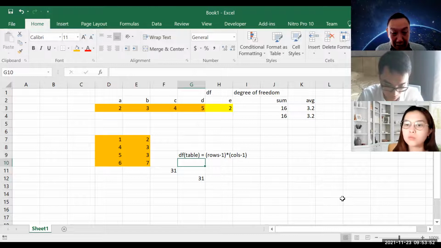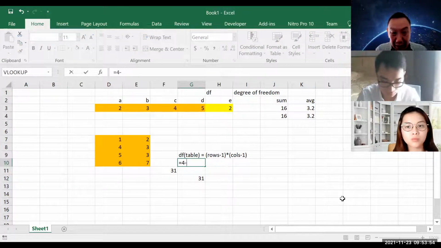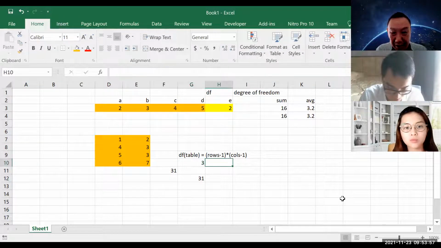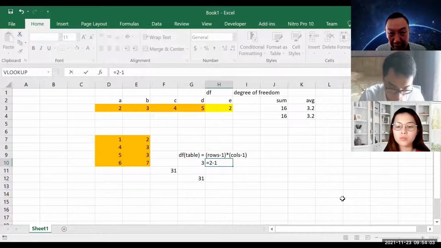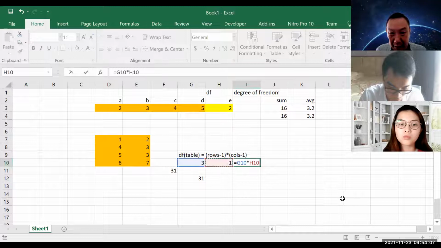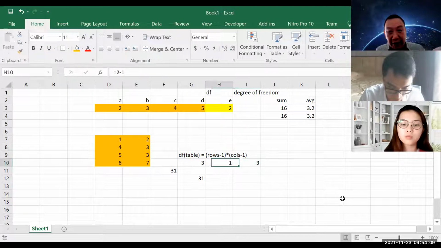So that means 4 minus 1, multiplied by how many columns? 2 columns, right? So 2 minus 1. So I multiply 3 by 1, I get 3. So I can delete 3 in here, any.